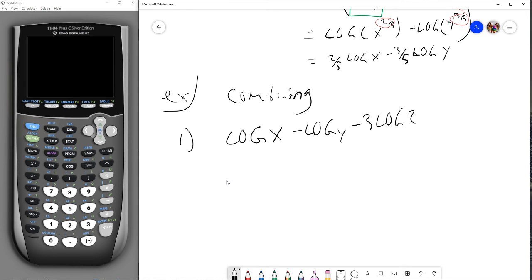This one's a little weird because there's a double negative. How I like to think about it is by focusing on this quantity right here.